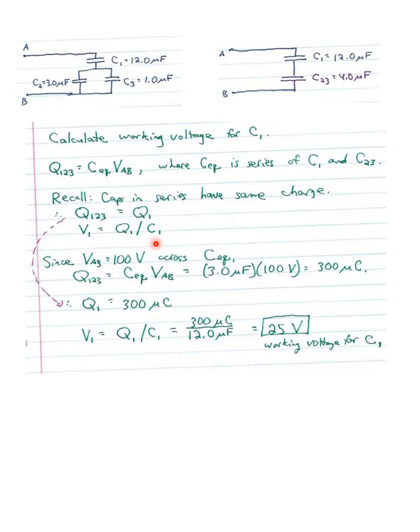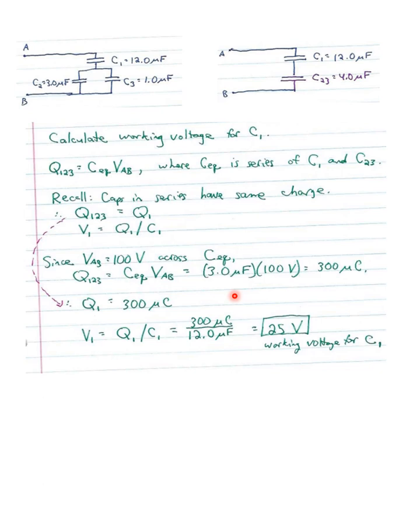And so we can say V1 is Q1 over C1. Now, since the voltage between A and B is 100 volts, across the entire capacitance, we can say Q1,2,3, our one final capacitor, is the equivalent capacitance times the voltage that's across it. On the previous page, we got an equivalent capacitance of 3 microfarads times 100 volts, so it's 300 microcoulombs.